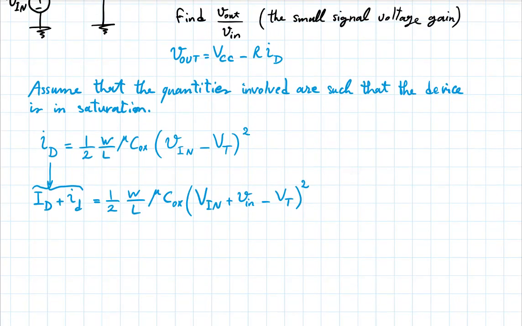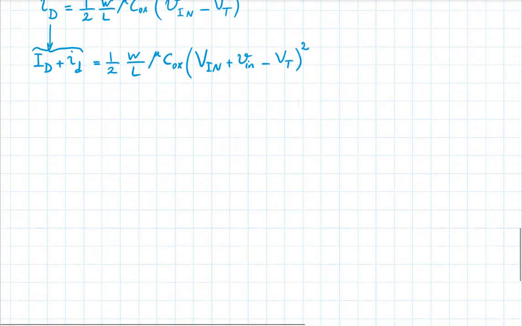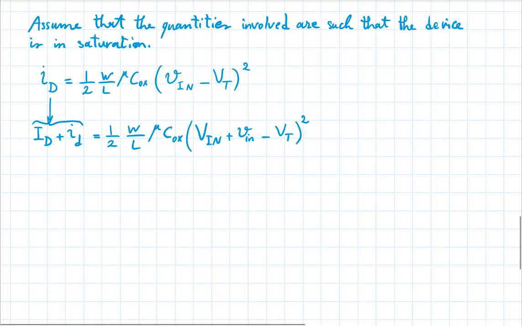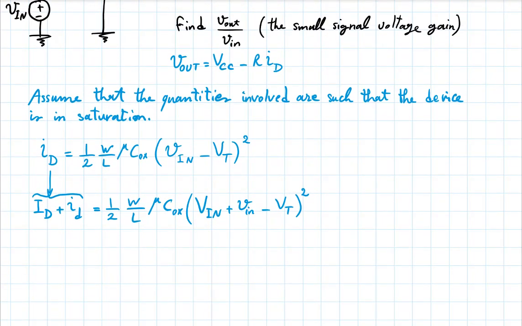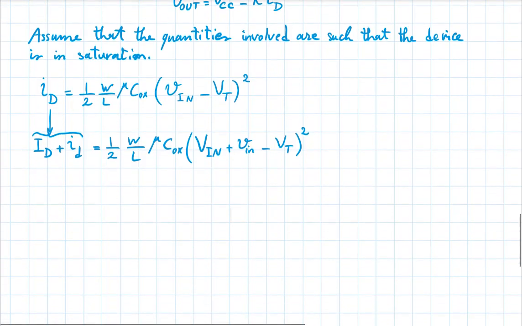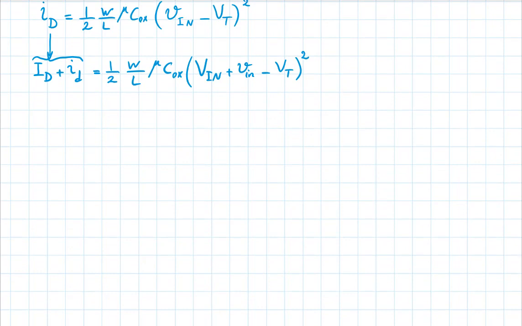Now I'll finally write V out. Or let's first proceed with finding this little ID, and then we'll put it up there and find V out. So what is the little ID from here? Let me expand things.